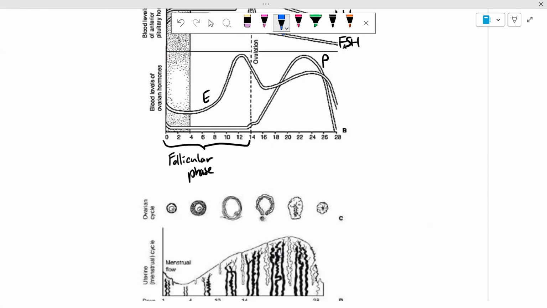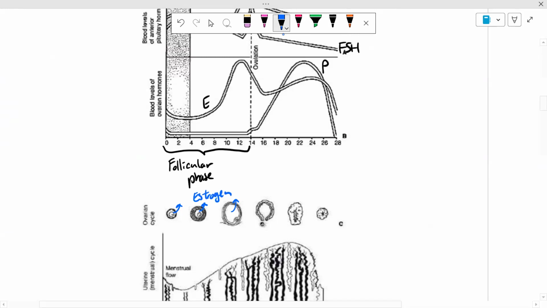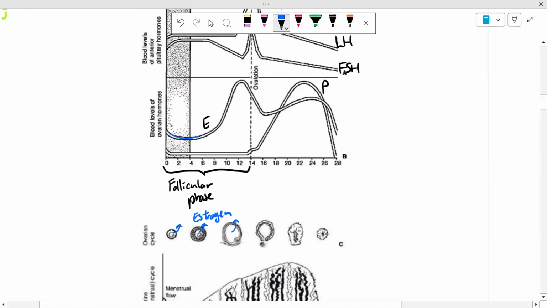And I know I have been repeating this several times already, but when the follicle develops, what hormone is released? Estrogen. So I want you to look at the estrogen curve. Look, it's going up, up, up, up, and then it's the highest right before ovulation.